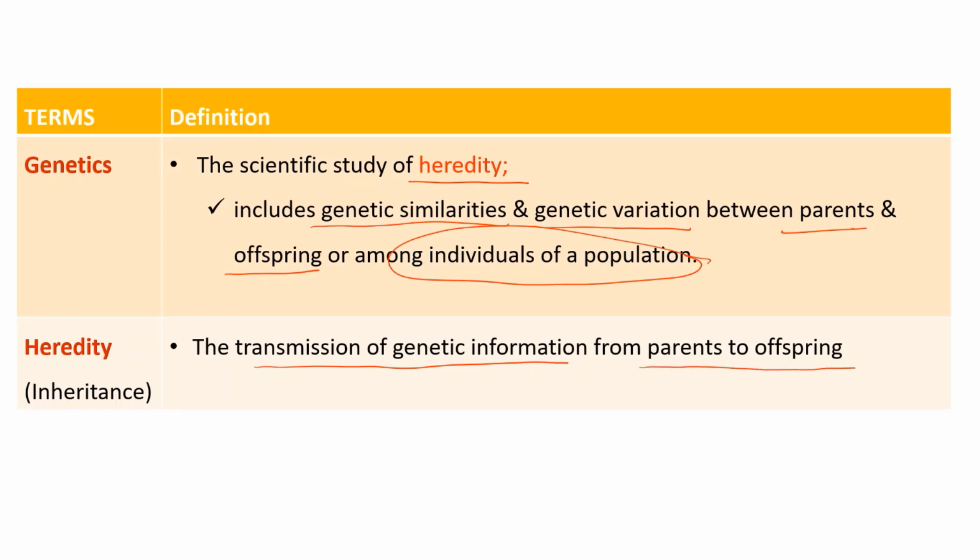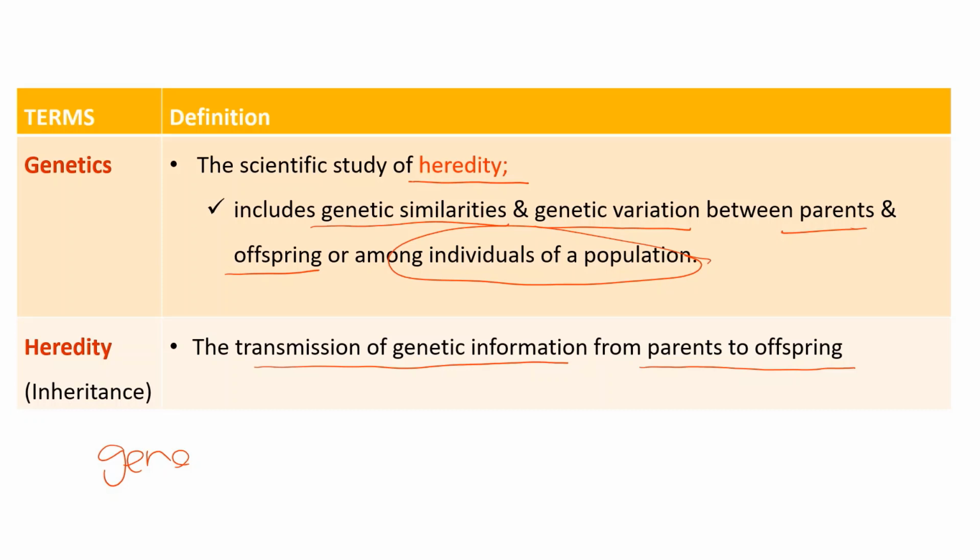Basically, parents will pass on their particular traits to their offspring through genetic codes or genes. These genes are found in the organism's DNA. The offspring produced show inherited similarities and also variations.